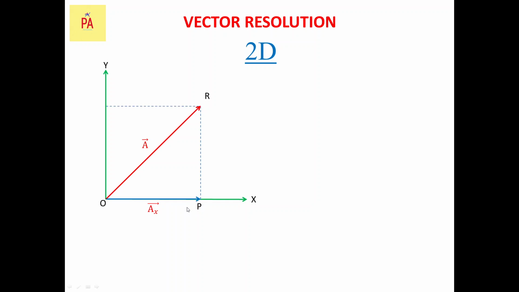Now let us drop another perpendicular from point R to the y axis, and again we draw another vector which ends at the intersection point. I have named it as Q, and let this be named as vector AY. That means AY represents the component of vector A along the y-axis, or the vertical component.